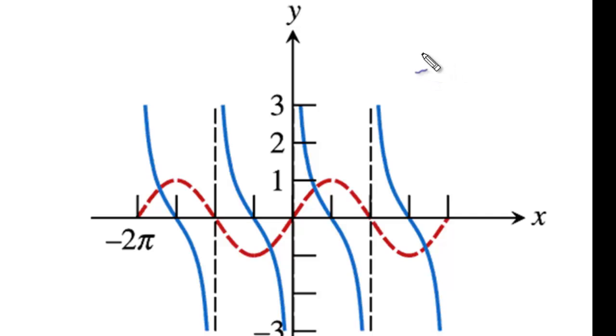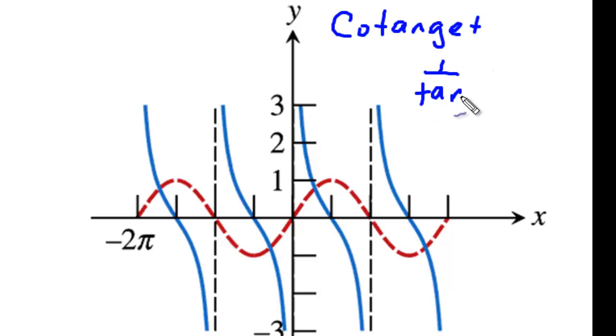This relates directly to the cotangent function. This is the cotangent. Cotangent is 1 over tangent, or the x over the y. Cotangent, when the y is 0, is when we'll have the asymptotes.